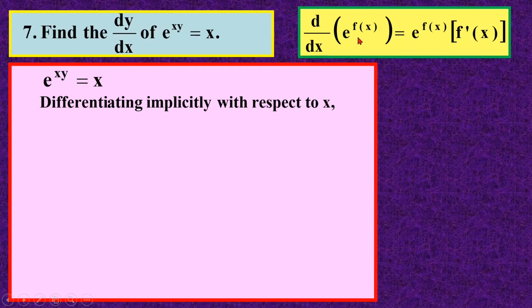Now, whenever we differentiate an exponent, we will have to copy the whole thing, and then we differentiate the power and put it at the side. So for this case, I have implicit functions as a power there. In the previous question, we already noticed this is actually the product of x and y.